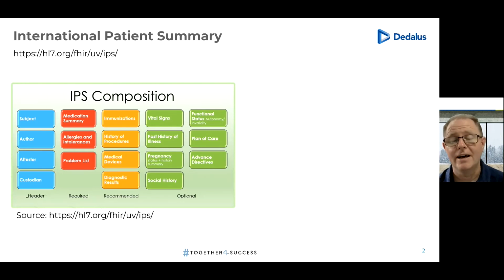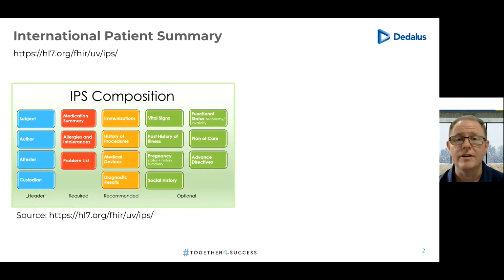And then the green, a number of optional sections that can be included to enrich the IPS when we're sending it from sender to receiver, around vital signs, past history, social history. More and more social factors play a massive part in a patient's overall health, and so it's important that becomes part of that International Patient Summary.